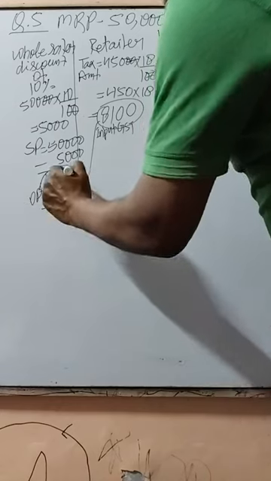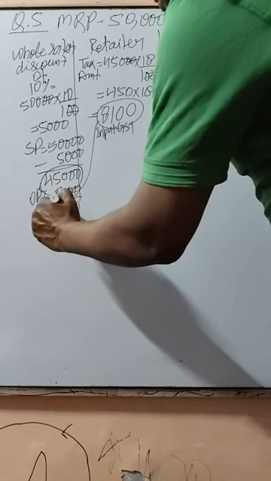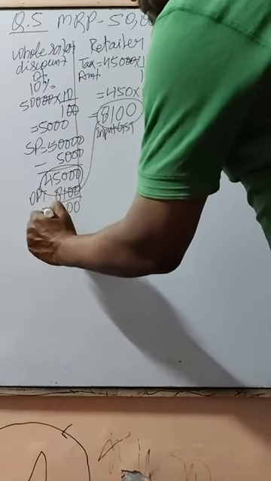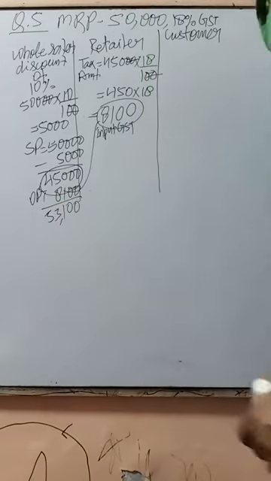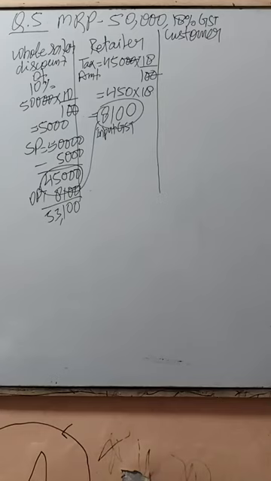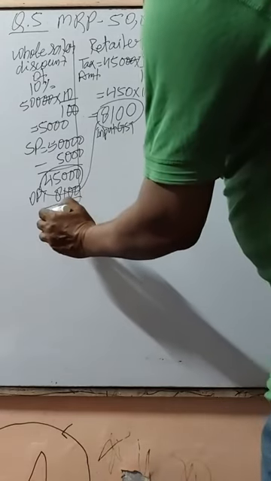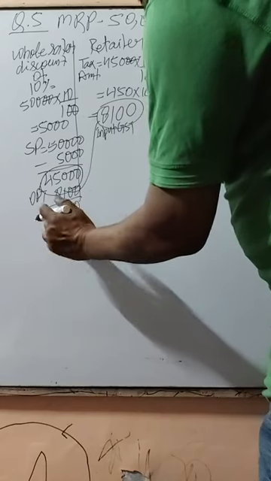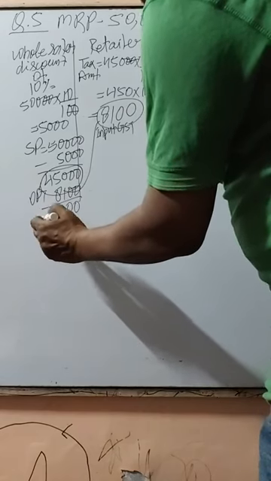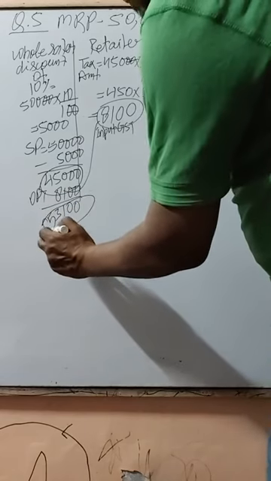So total money he received is 53,100. Right? 53,100 he received, or retailer paid 53,100. Retailer paid.